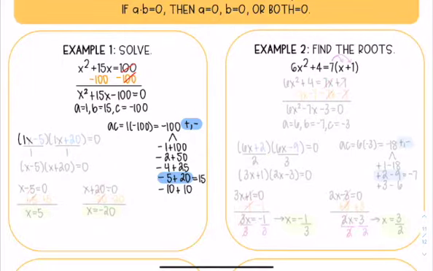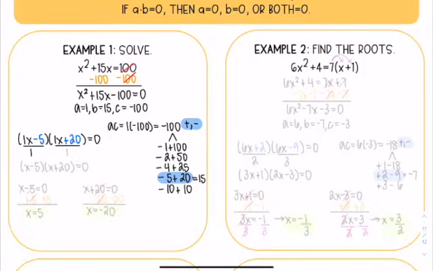So we bring down our leading coefficient and split our x's. And we put our missing pieces of negative 5 and positive 20 in our blank space. And this is still equal to 0. The last step is to divide out whatever they have in common.